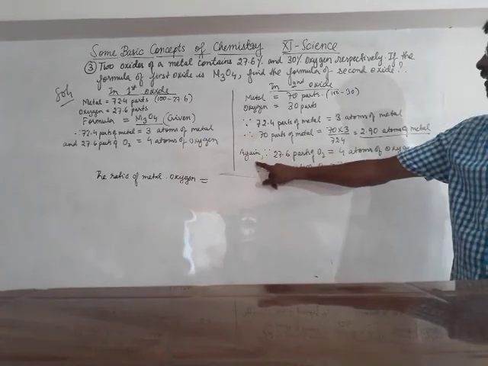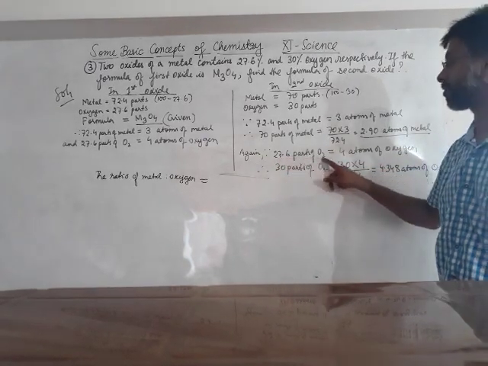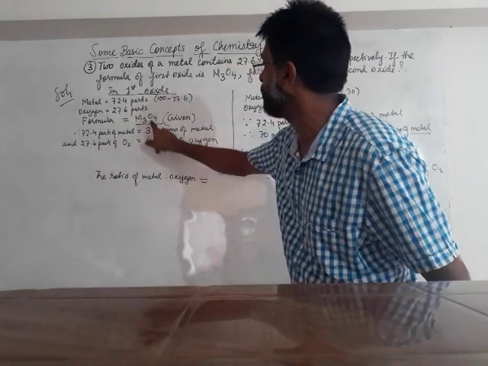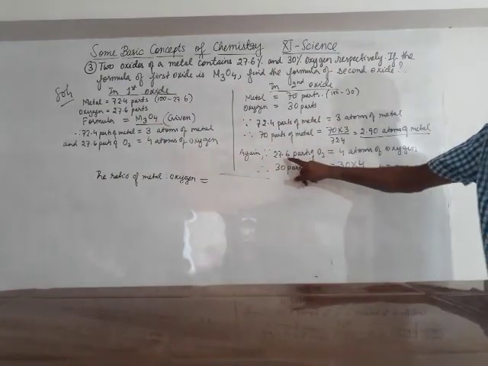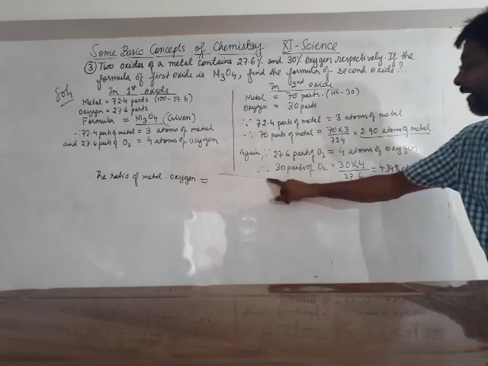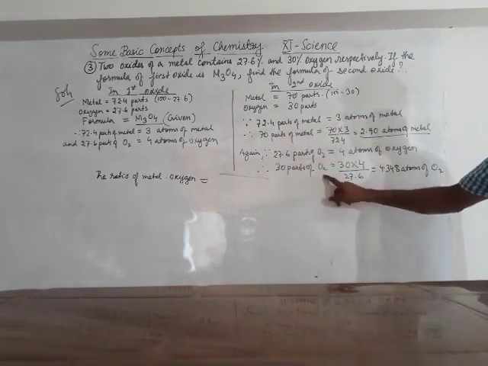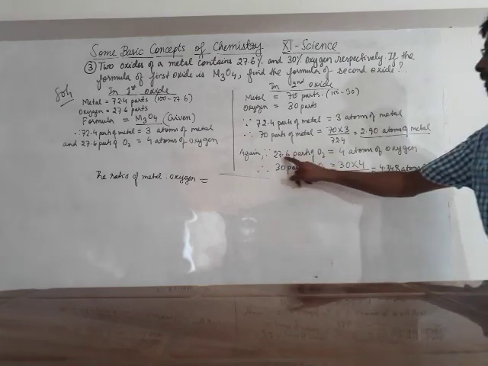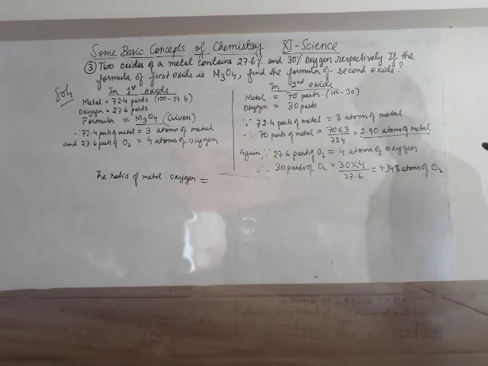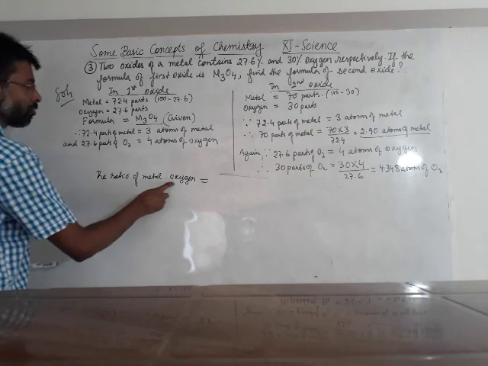Again, since 27.6 parts of oxygen is 4 atoms of oxygen, therefore in the second oxide, 30 parts of oxygen is 30 into 4 divided by 27.6, that will give me 4.348 atoms of oxygen.